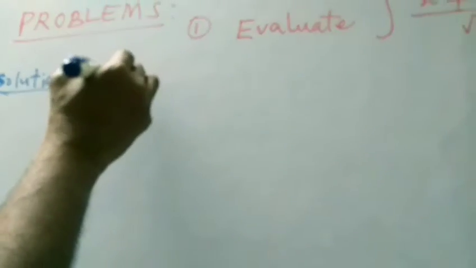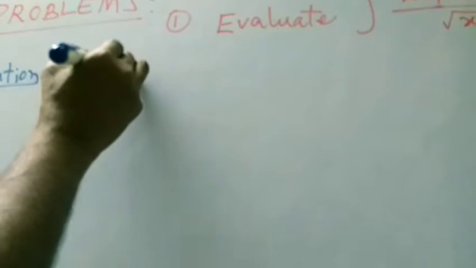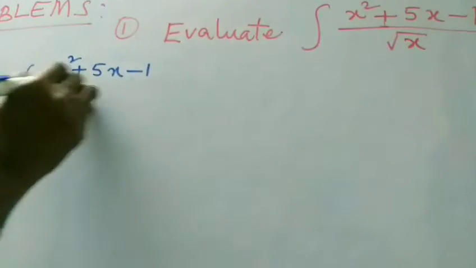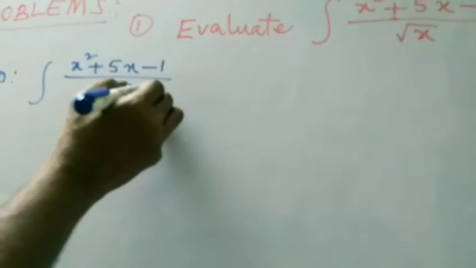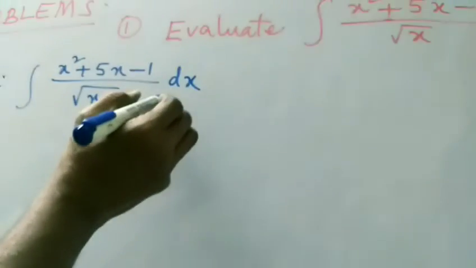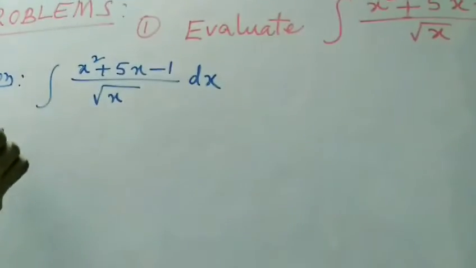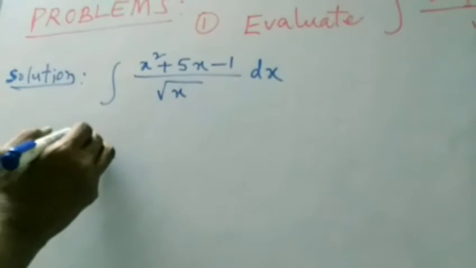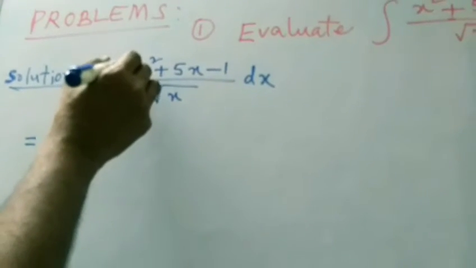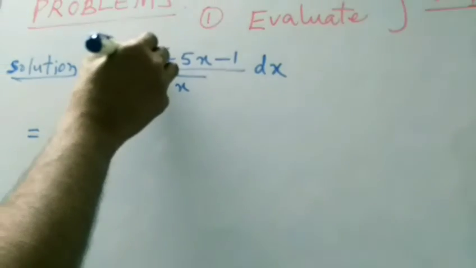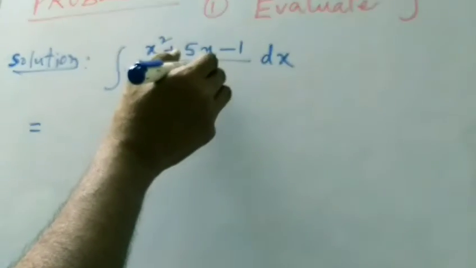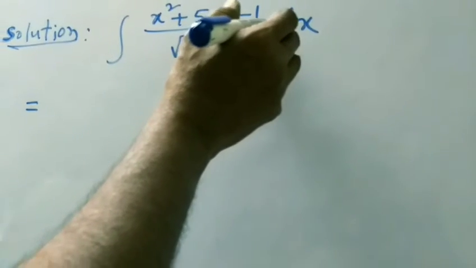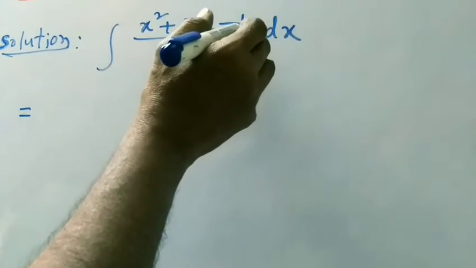Given problem is integral of x square plus 5x minus 1 by square root of x dx. Here in the numerator is x square plus 5x minus 1, and in the denominator is square root x.